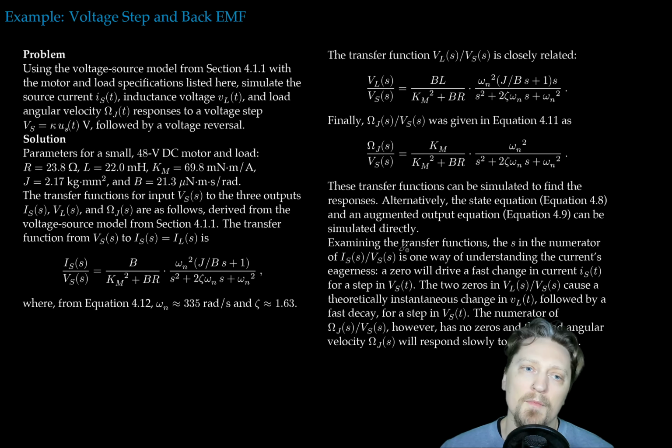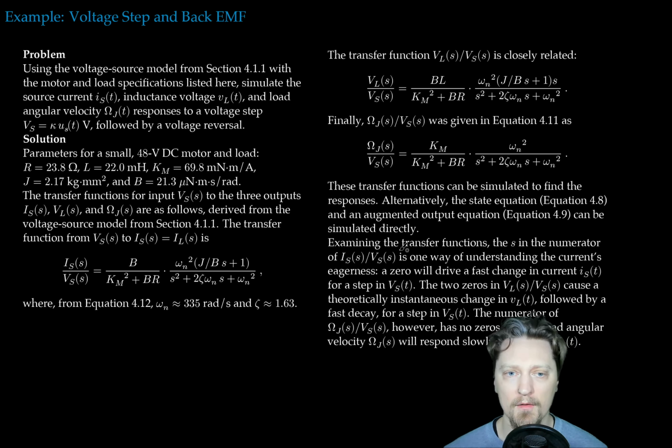Here's the problem. Using the voltage source model with the motor and load specifications listed here, simulate the source current Is, inductance voltage VL, and load angular velocity omega j responses to a voltage step Vs equals kappa times US, the unit step function, volts, followed by a voltage reversal. Here's the solution.